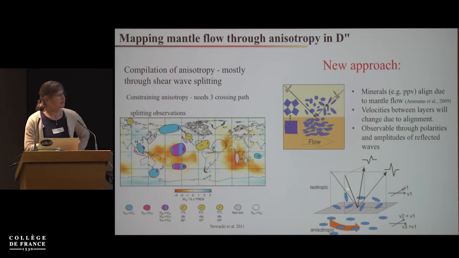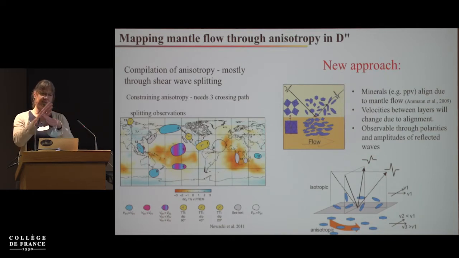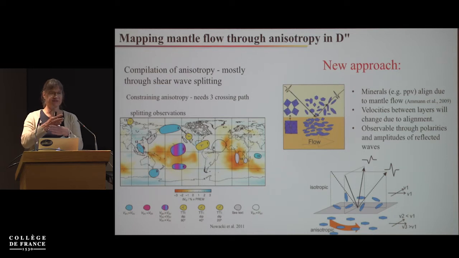So if we then look at reflections and reflection coefficients that generate polarities, then we can have one reflection coefficient that generates a downswing upswing in this wave. But if we look perpendicular to that, where the velocity below is larger than the one above, then we have an upswing downswing in this case. Yeah? So we can actually, by looking at different travel directions and looking at the polarities of these waves, say something about the alignment or the anisotropy just below.